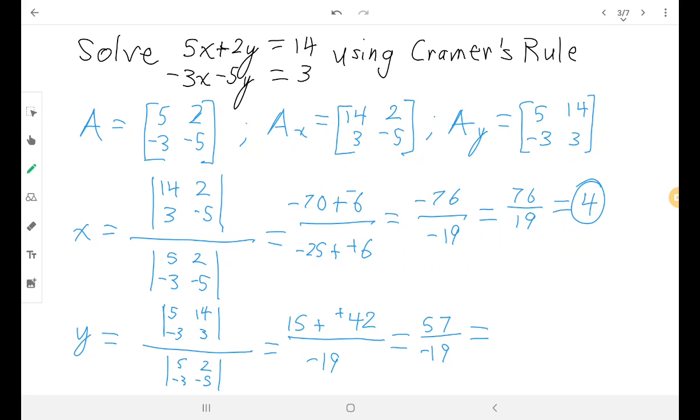And this one is positive divided by a negative is negative. And this one should be 3 then. 30 plus 27, yep. So -3, giving us a solution of 4, -3 as the point of intersection.